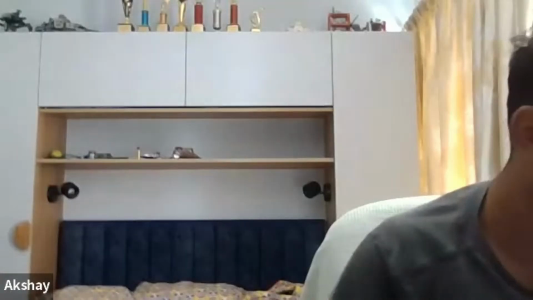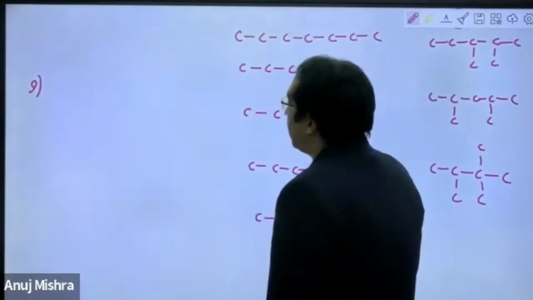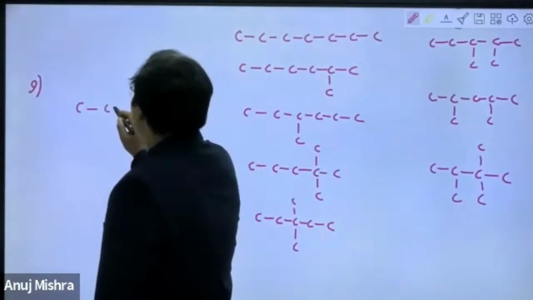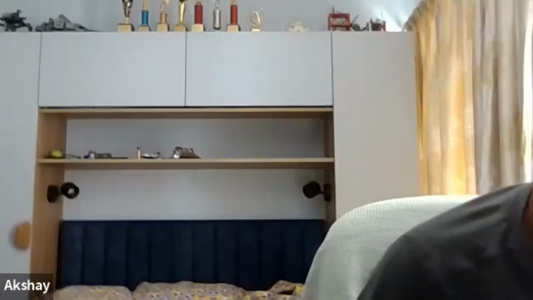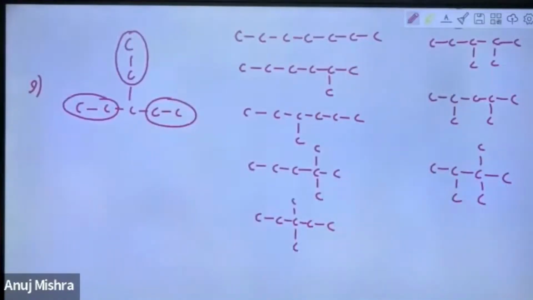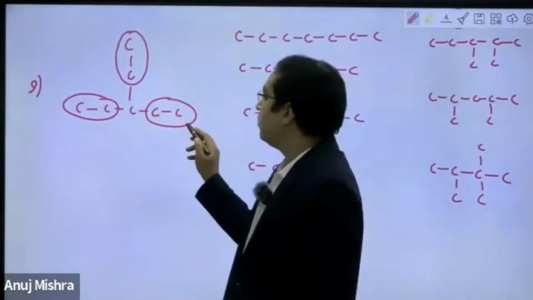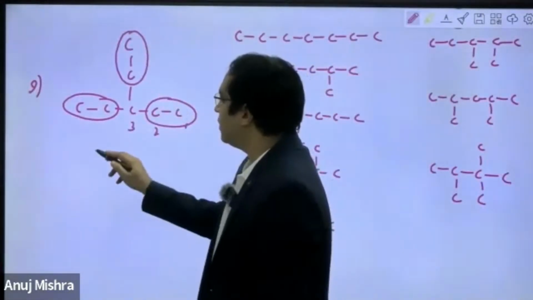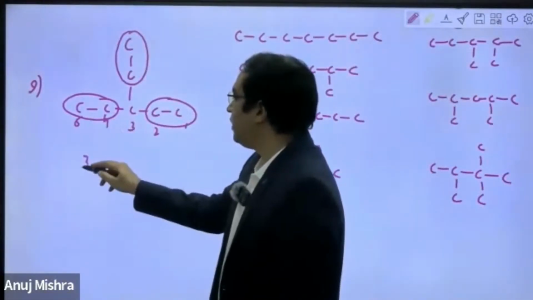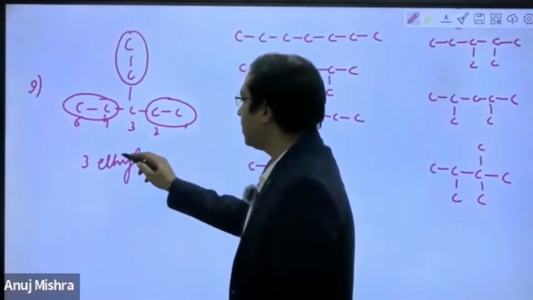You put an ethyl on one of them, like 5 in a row, and then ethyl on the center. Ah, very good. What is the name of that compound? 3-ethyl pentane. Yes, this is something which you can miss, which students normally miss. This compound is 1, 2, 3, ethyl on the third position, 4, 5. So it is 3-ethyl pentane.